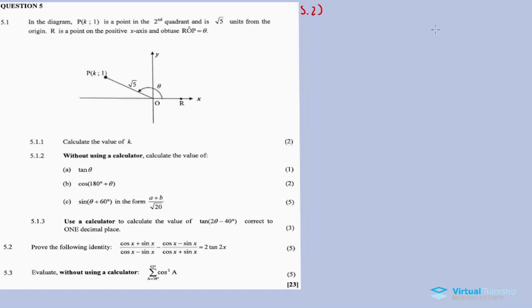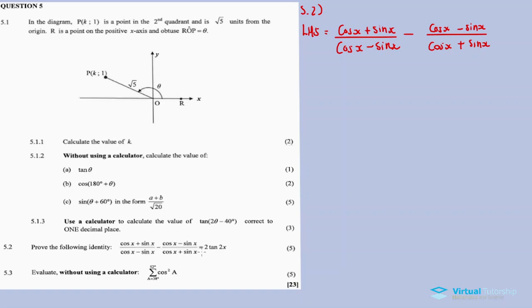Cos x plus sine x over cos x minus sine x, minus cos x minus sine x over cos x plus sine x, equal to the right hand side, 2 tan 2x. So in this case we take the left hand side and simplify to show that this left hand side is in fact equal to the right hand side.